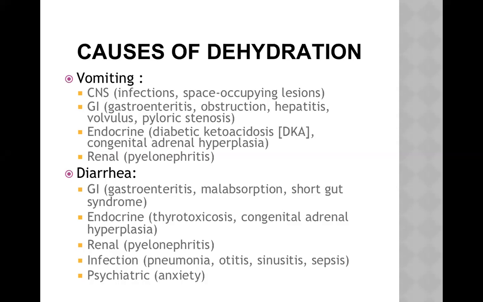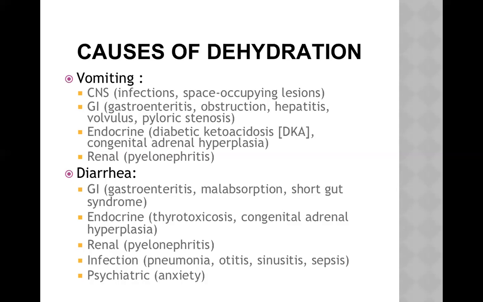Another common cause is space occupying lesion inside the brain, like brain tumor, which is very common in children. Again, brain abscess. Abscess is considered a space occupying lesion because it is a mass. Hematoma, which occurs because of a blood clot inside the brain.